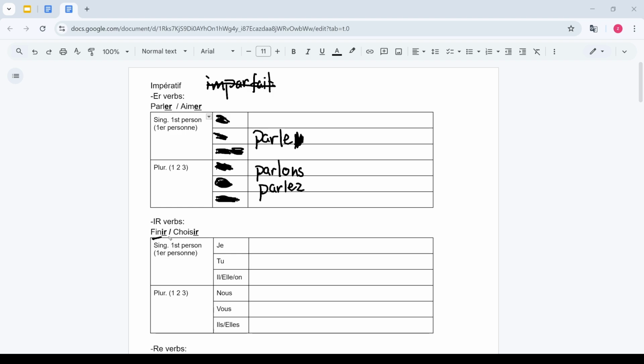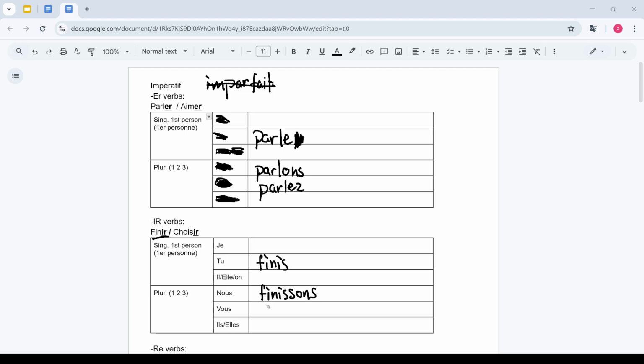So let's take finir as an example of an IR verb if we wanted to use the impératif tense. Again, it's conjugated just like your present tense. So tu finis. Remember, for IR verbs, take off the IR, add your endings. For tu, that is an IS. Nous, it is ISSONS.